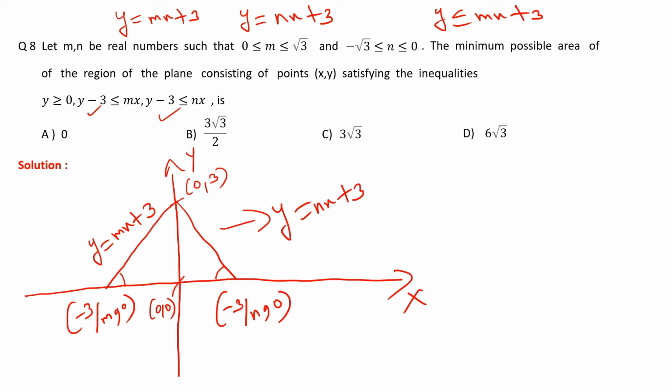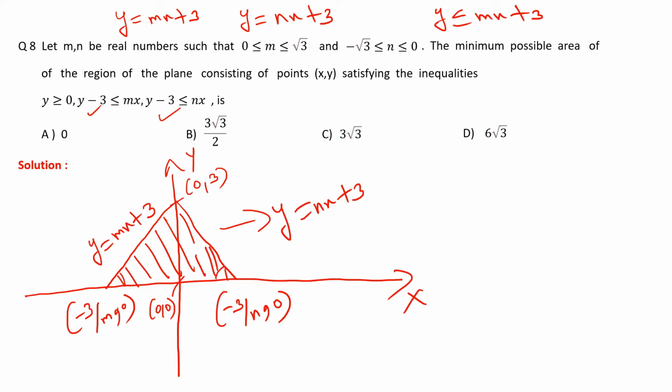We have to take that region of this line, because every line divides the plane into 2 parts. So we have to select that particular part in which the origin lies. Similarly, for the line y equal to nx plus 3 also, we have to take that region in which the origin lies, because the origin satisfies the second inequality as well. 0 less than or equal to 3. So ultimately we conclude that we have to find this shaded portion.